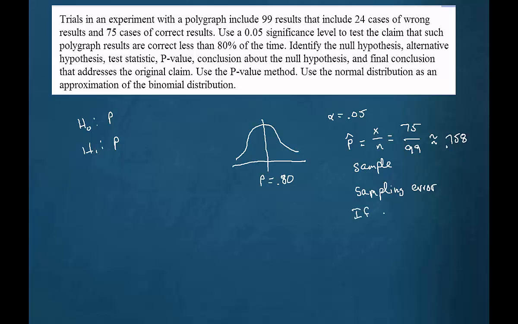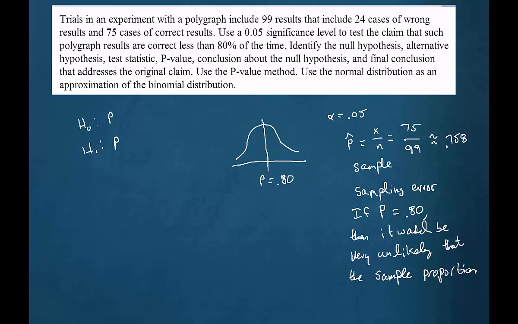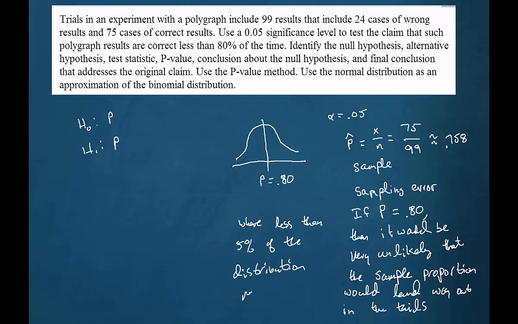Now, if that population proportion is equal to 0.80, then it would be very unlikely that the sample proportion would land way out in the tails, where less than 5% of the distribution resides.